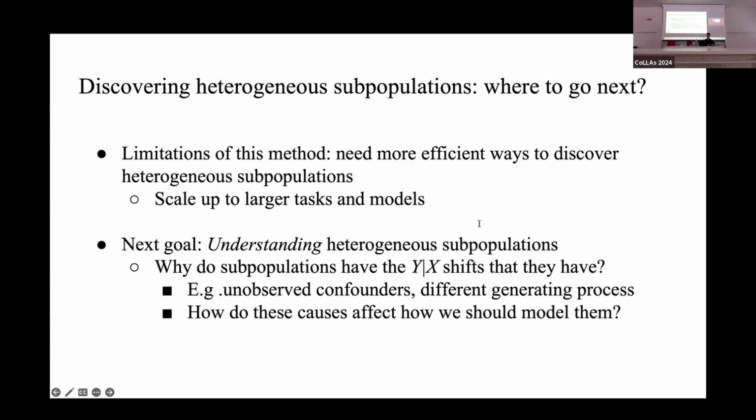For example, why do they have the Y-given-X shifts in our empirical study? It may be because of some unobserved confounders or some different generating process. And also, how do we derive corresponding solutions to each of these reasons? These are all some reflections.